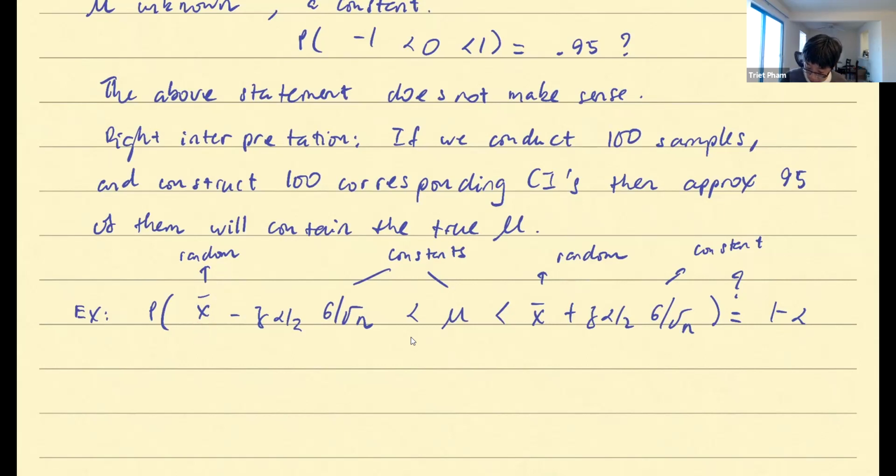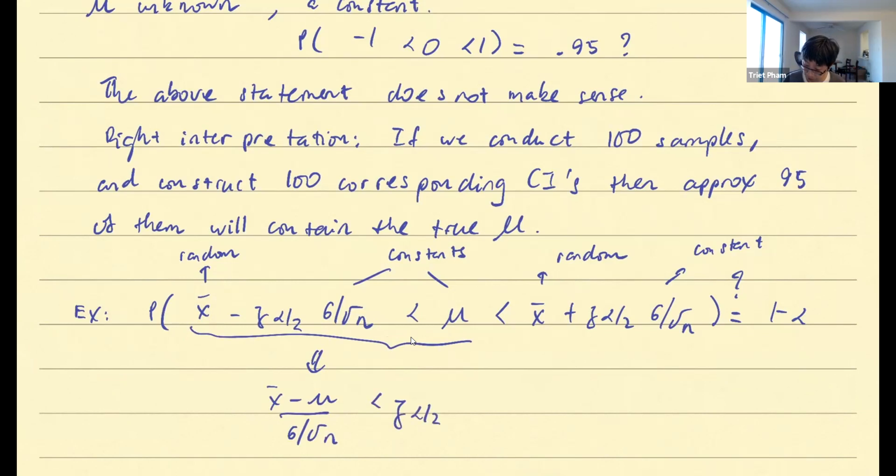How to do so? It's pretty straightforward. For example, let's take this statement. What this means is x bar minus mu, divided by sigma over root n, is less than z alpha over 2.